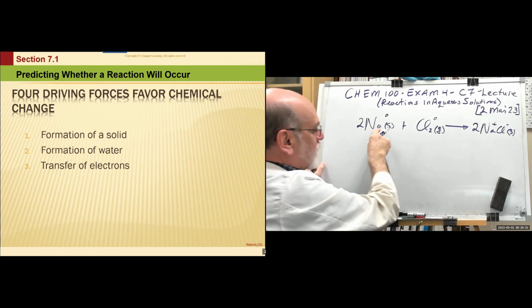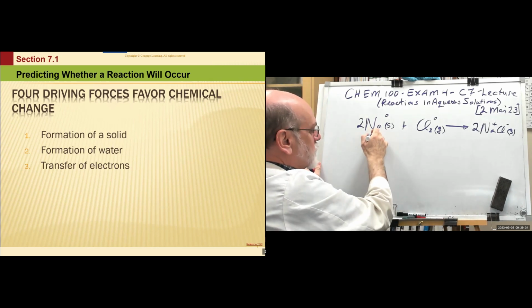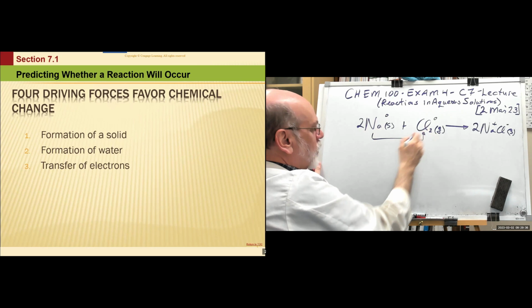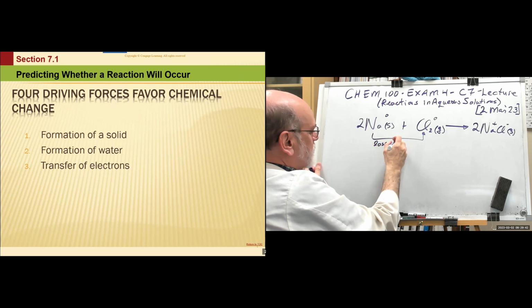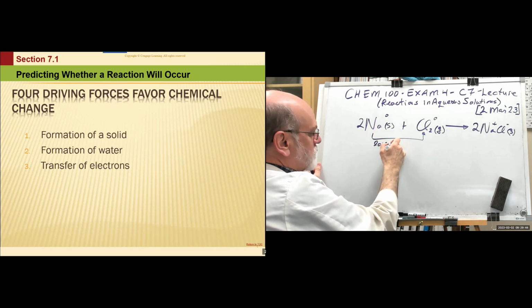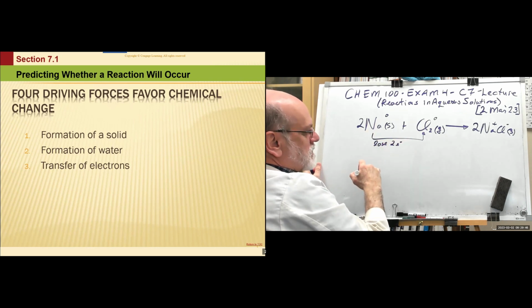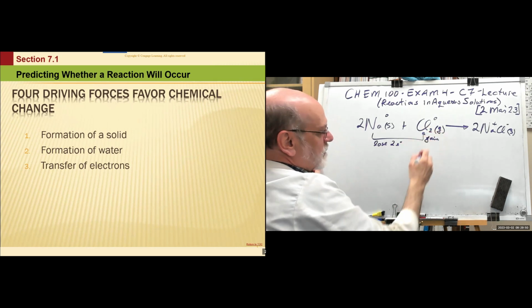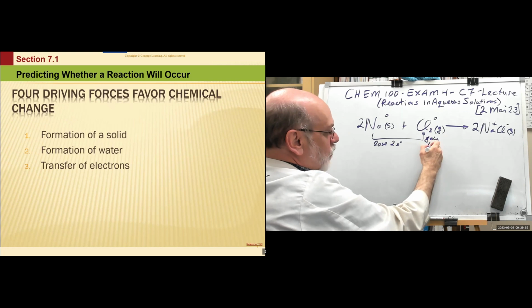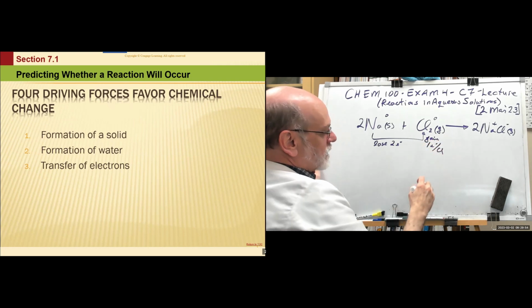If we transfer electrons from sodium to chlorine, let's see, sodium loses electrons. In fact, it loses 2 electrons. And chlorine gains electrons. So it gains 1 electron for each chlorine.